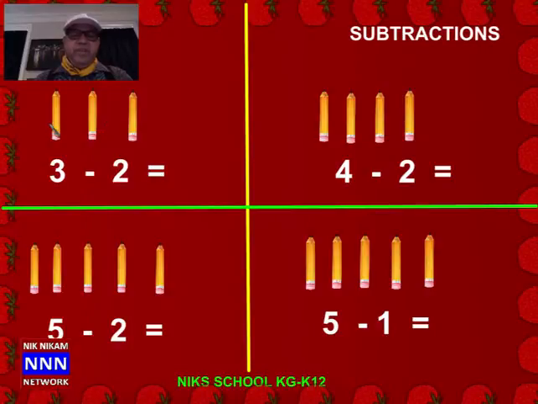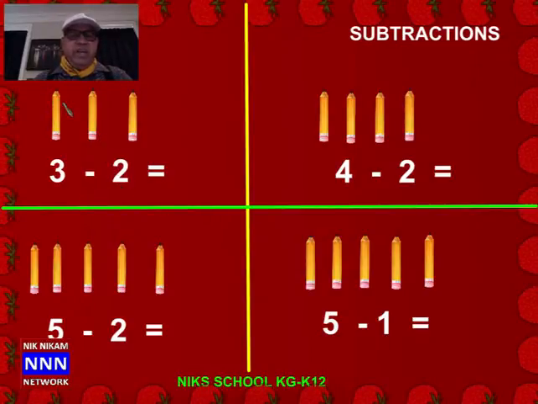So let's start off with this example. We got 1, 2, 3 pencils. So that's what's here. There are 3 pencils. After 3 pencils, there is a minus sign, and after the minus sign, there is 2. That means they want you to take away 2 pencils.